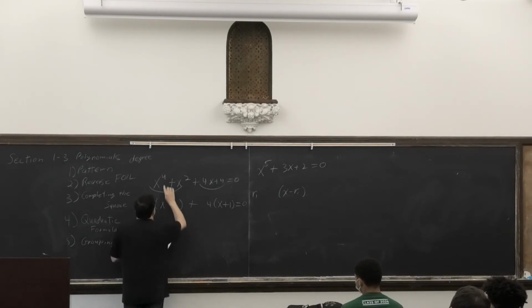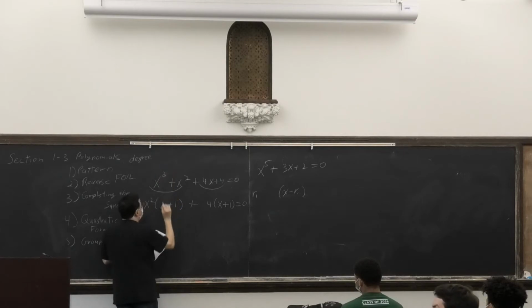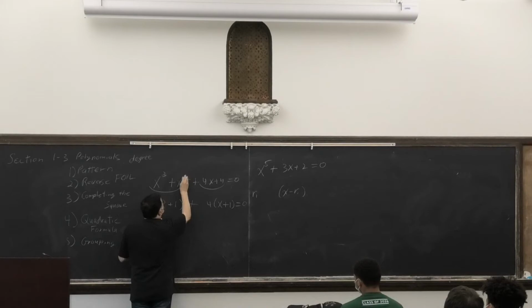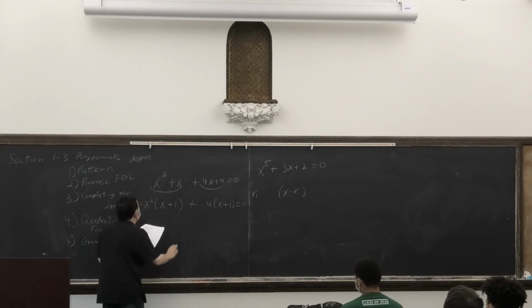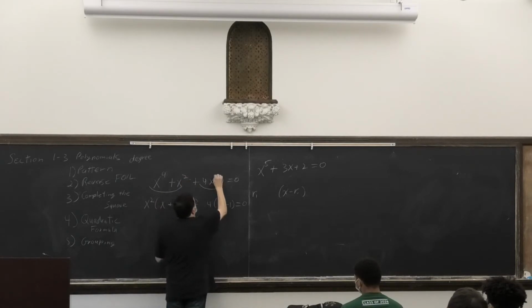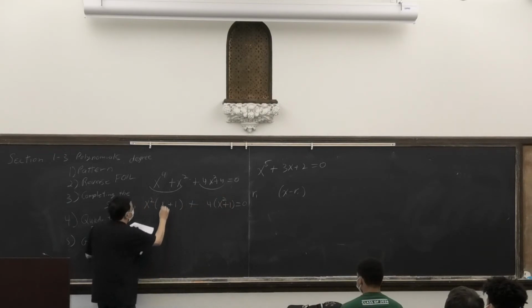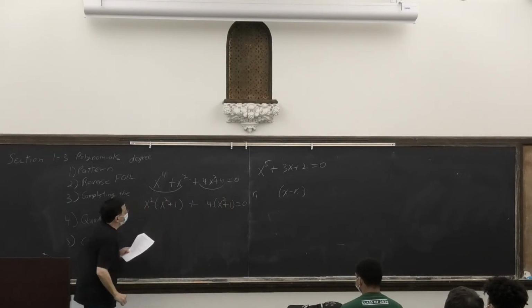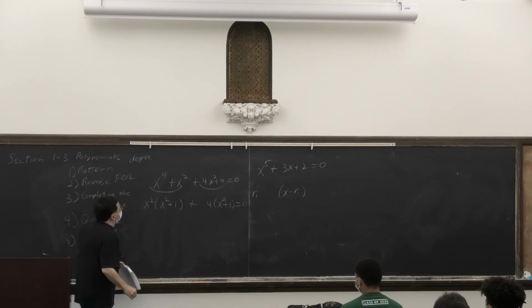How do I get that? No, that's not right. It has to be 4 squared. Oh, that's what I'm missing. Sorry. All right. Where was I? All right.